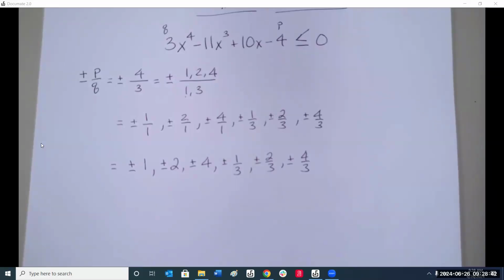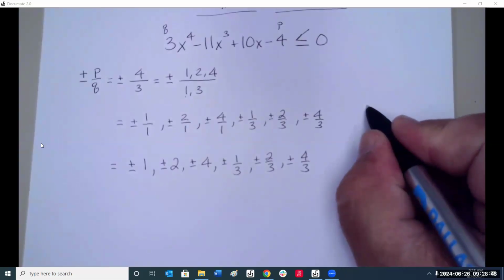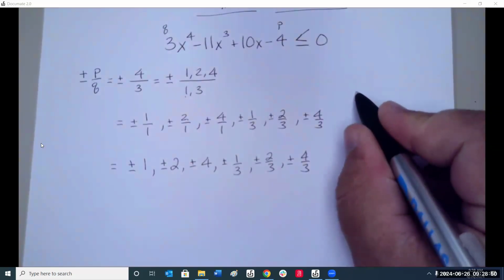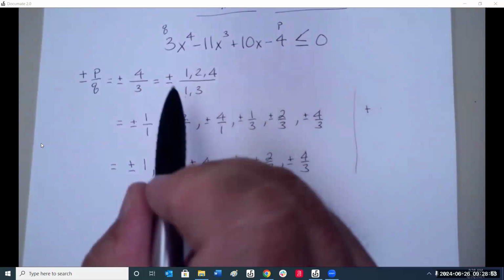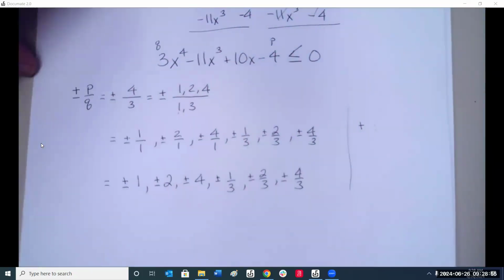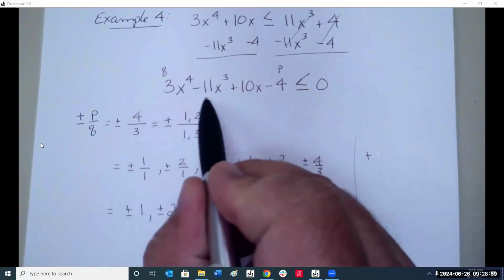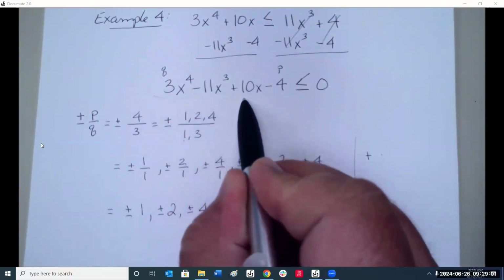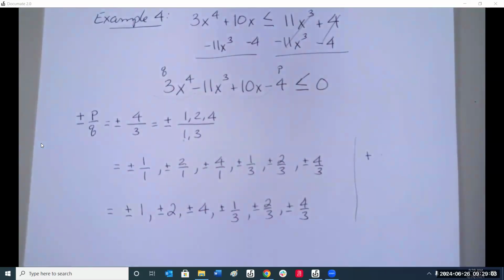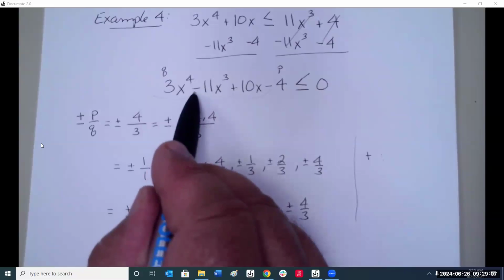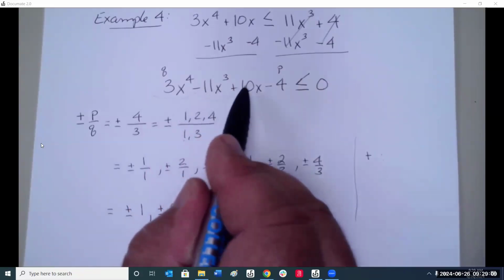How many positive and how many negative answers are we going to get? Let's see, number of positives. It's the Descartes rule of signs. How many sign changes? Here's 1, here's 2, here's 3. There are 3 sign changes, from positive to negative, negative to positive, positive to negative.